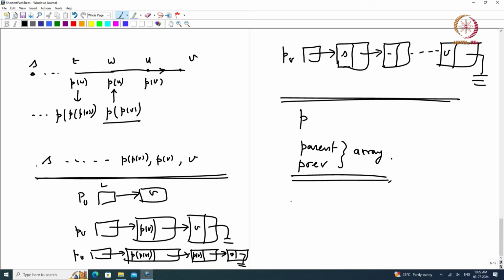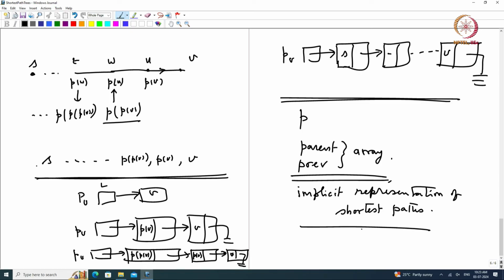P array is called implicit representation of shortest path. Okay. Why it is called parent? If you look at the Belman tree, okay.